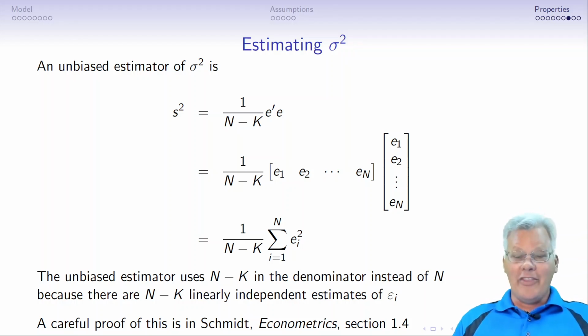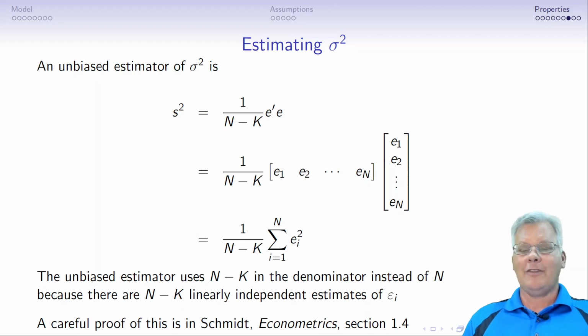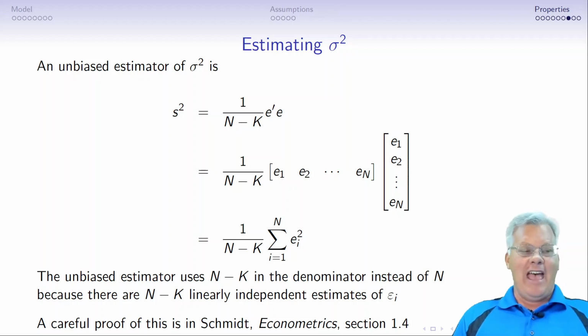The E sub i's, which are the OLS estimates of the true unknown epsilons, are constructed using the OLS estimators B1 through B sub k. Because of that, only n minus k of the column vector of E's are linearly independent.